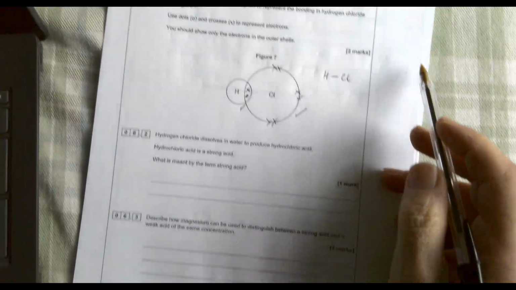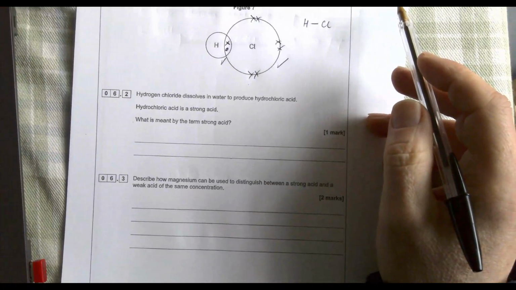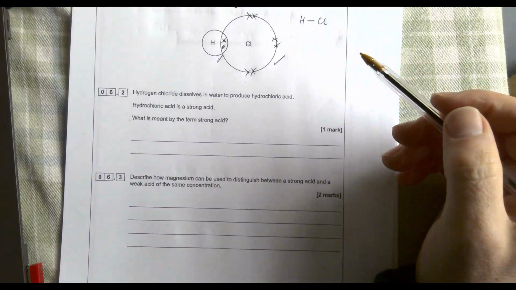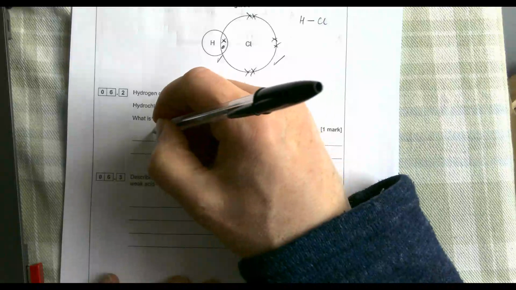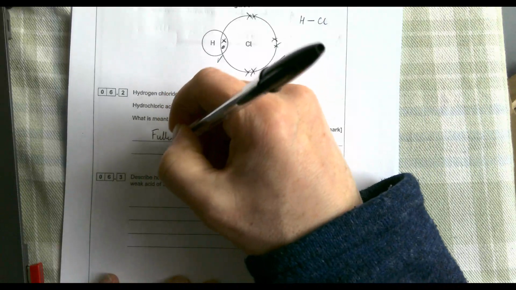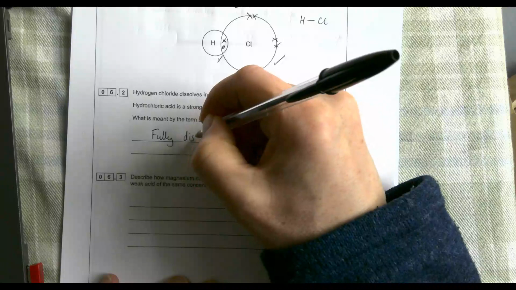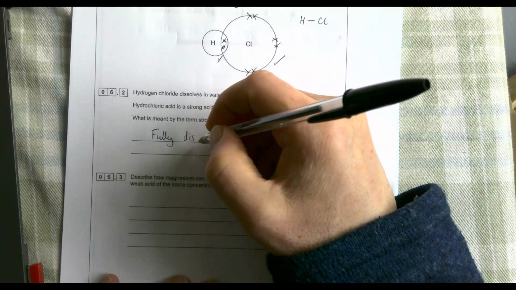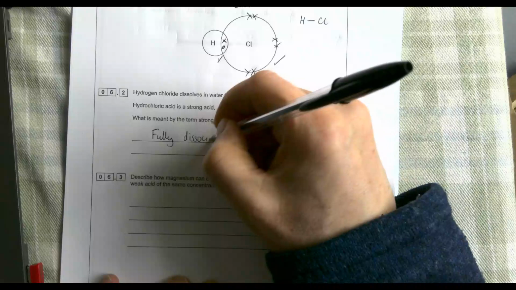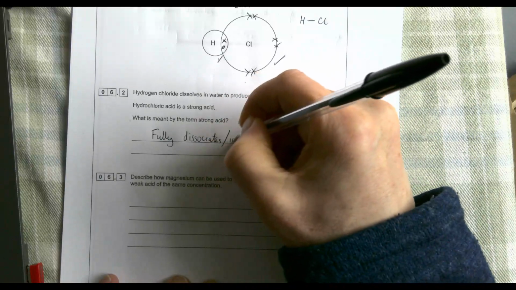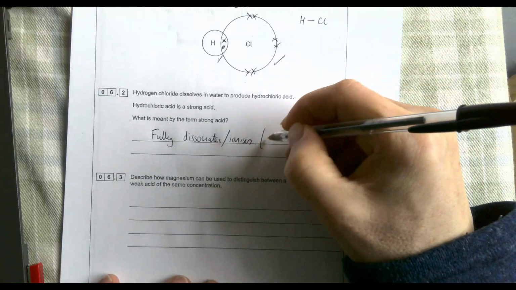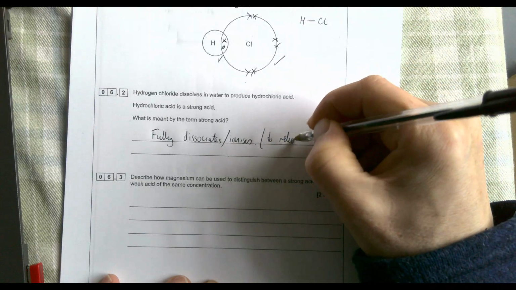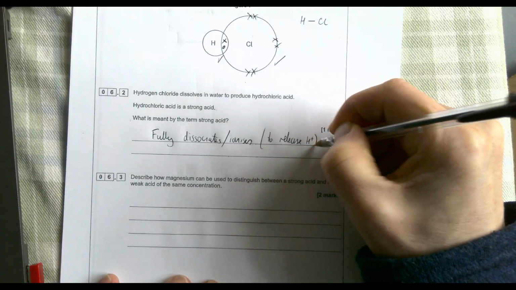When you dissolve hydrogen chloride in water, it turns into hydrochloric acid, which is a strong acid. It's a strong acid because it fully dissociates or ionizes to release H plus in solution.